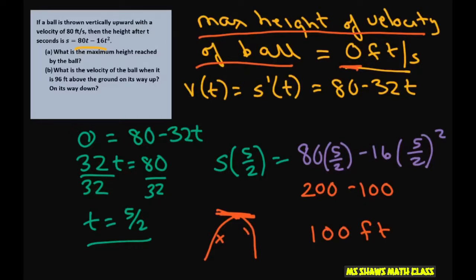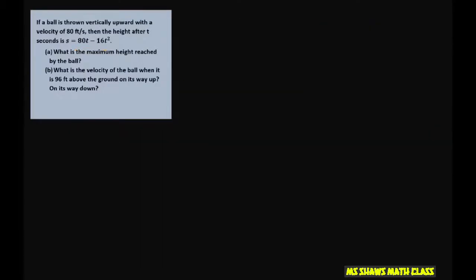All right, now what do we have to do? We have to find the velocity of the ball when it's 96 feet above the ground on its way up and then also on its way down. So let's do that. You write your s of t equals 80t minus 16t squared, and we want s of t to equal 96 feet.